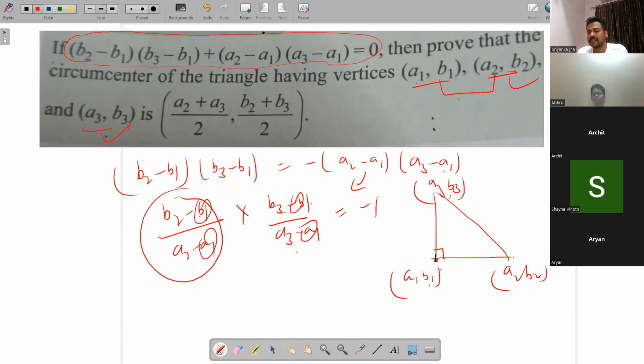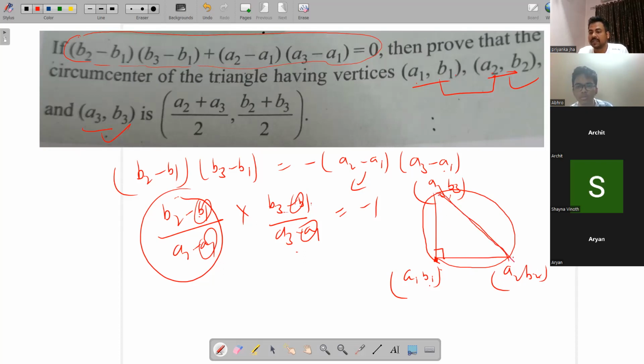So for a right angle triangle, definitely one circle will pass through these points. Property of semicircle: the angle in a semicircle is 90 degrees always. It means that if this is 90, it is possible only when this becomes the diameter.